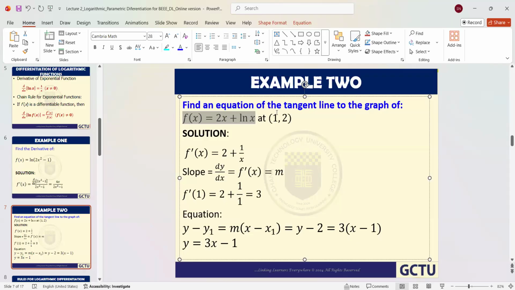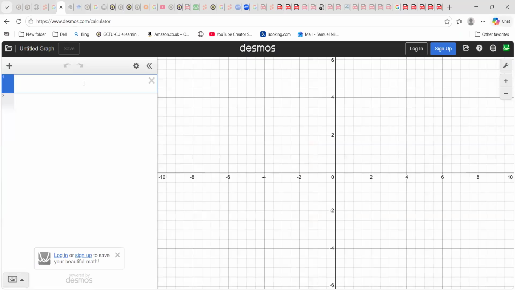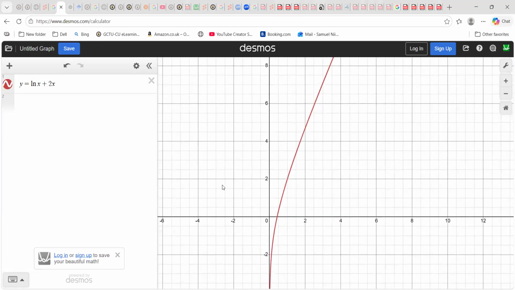Let's get a visual look on this. So plot y equals 2x plus ln x. So this is the graph. That's how the graph is.